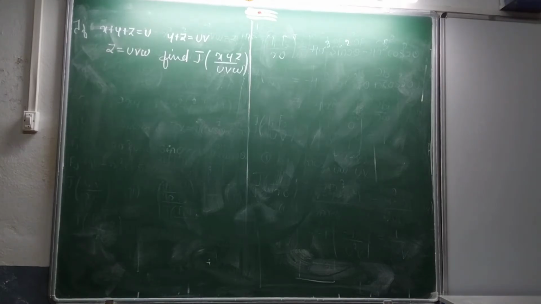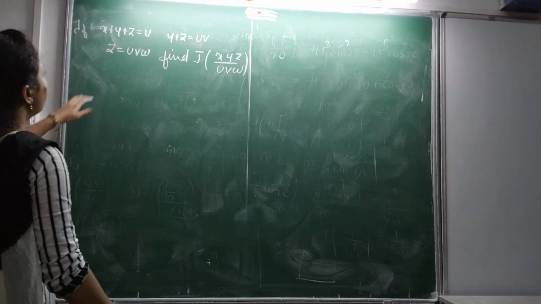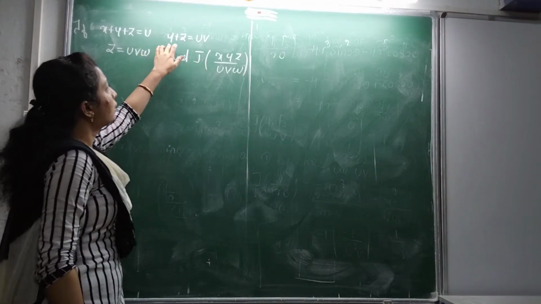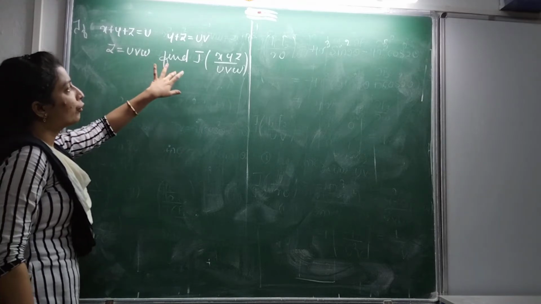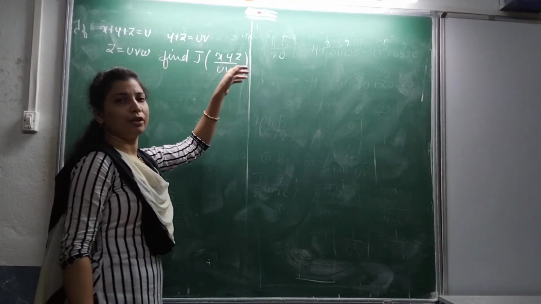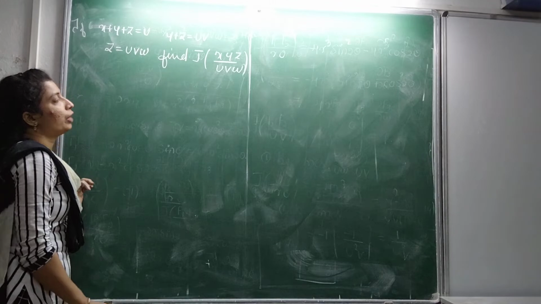So the next example is: if x + y + z = u, y + z = uv, and z = uvw, find the Jacobian of (x,y,z) with respect to (u,v,w).